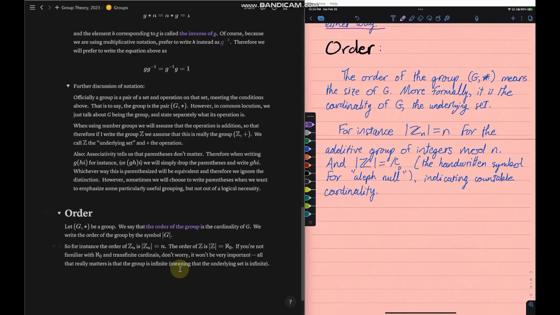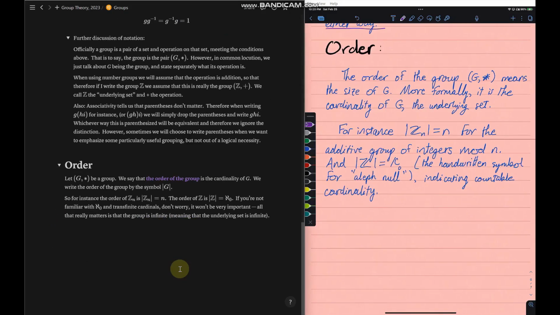And we'll cap this all off with a brief conversation about order. The order of the group, G comma asterisk, means the size of G. That's slightly informal. More formally, what we really mean is the cardinality of G, the underlying set.